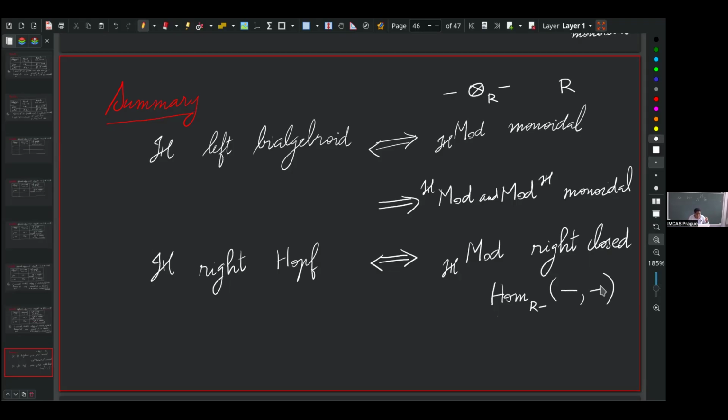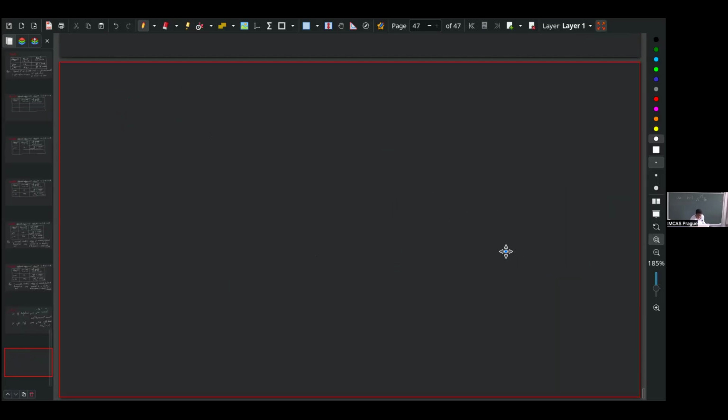And before we finish, I want to make a small remark about the left versus right modules of our Hopf algebroid.